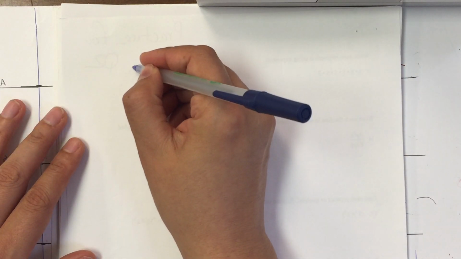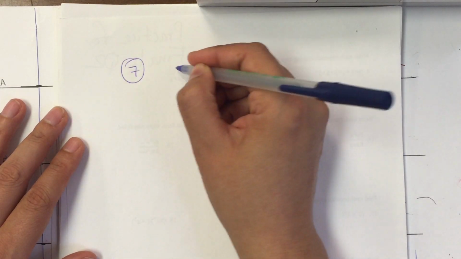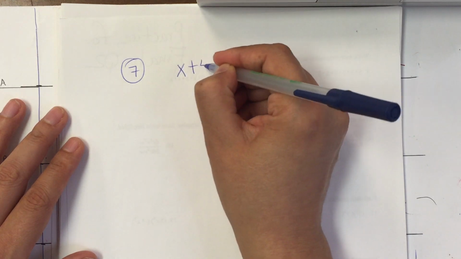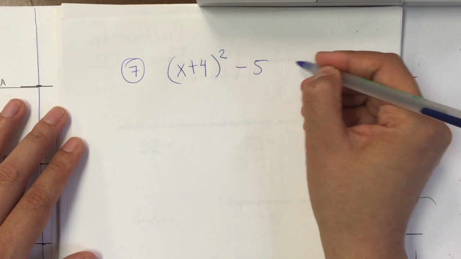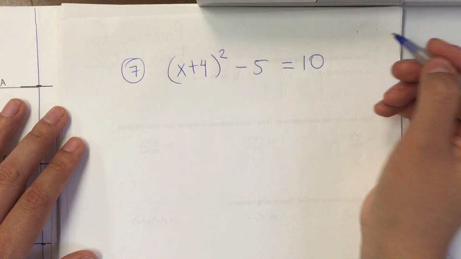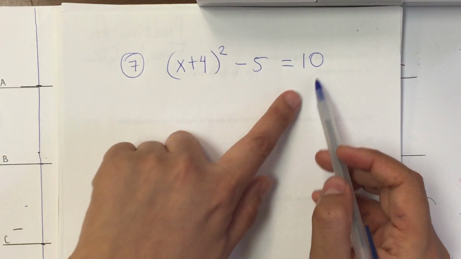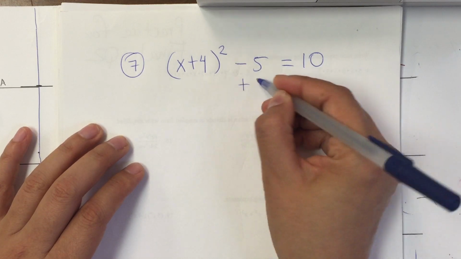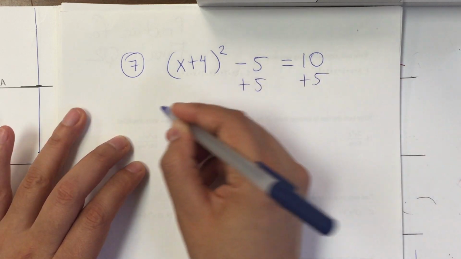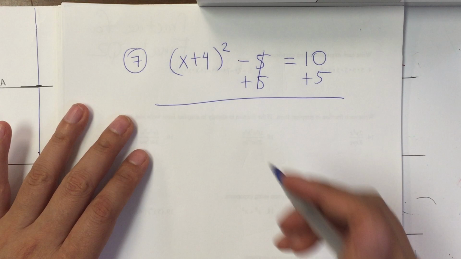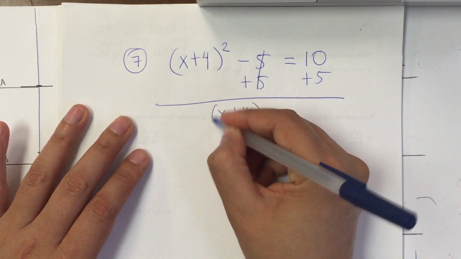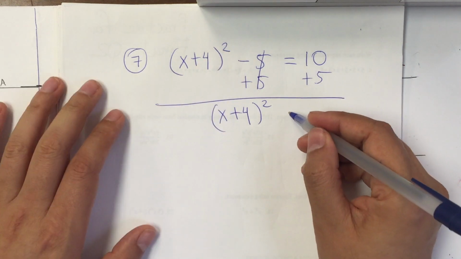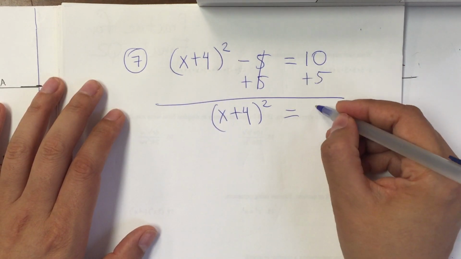Okay, one more example. And so we have x plus 4 all to the second power minus 5 equals 10. So I'm going to get rid of this first by adding 5. And so I have left my x plus 4 to the second power, because I haven't canceled that, equals 15.